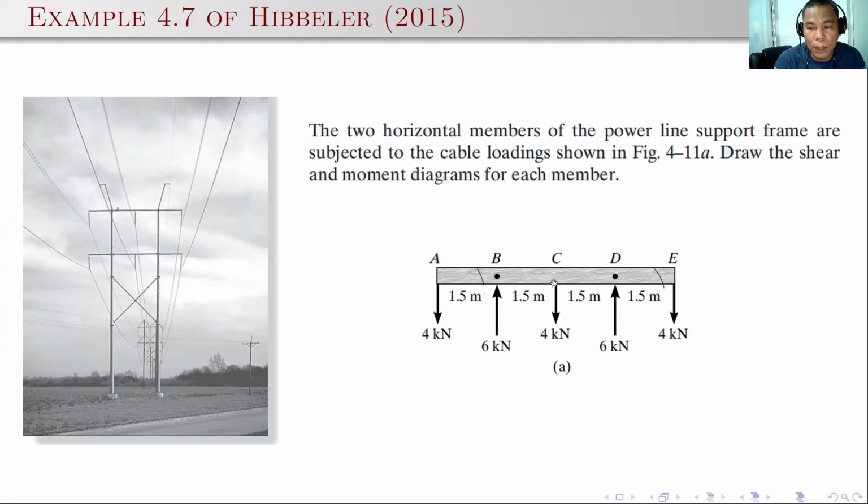The supports are located at point B and point D. If we have a loading of 4 kilonewton for every wire, then the reaction should be 6 at point B and point D. So this is the complete free-body diagram of the beam with the reactions.